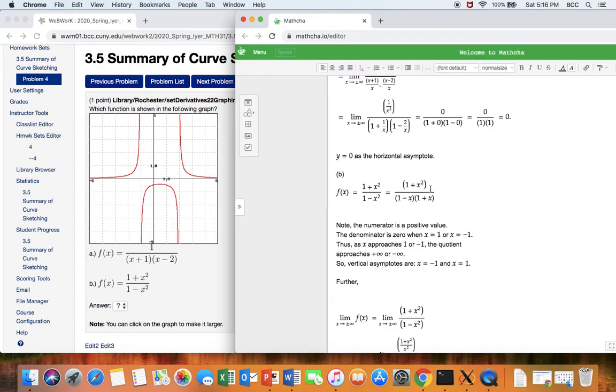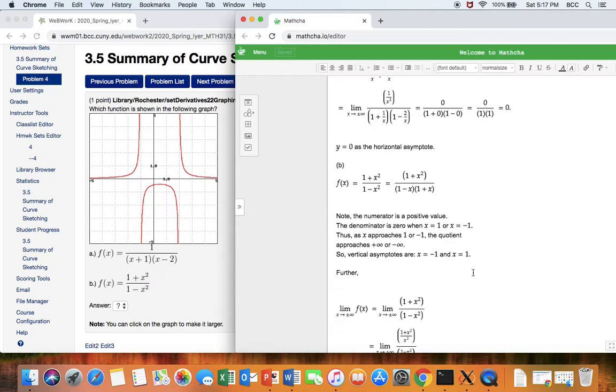So the numerator is always positive, whereas the denominator can be 0 when x is 1 or negative 1. So as x approaches 1 or negative 1, the fraction will approach either positive infinity or negative infinity, depending on the left hand limit or right hand limit. So you have vertical asymptotes at x equals negative 1 and x equals positive 1.